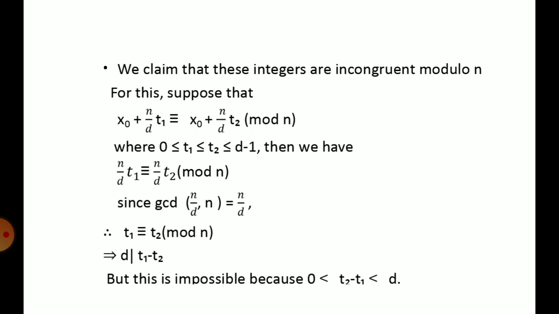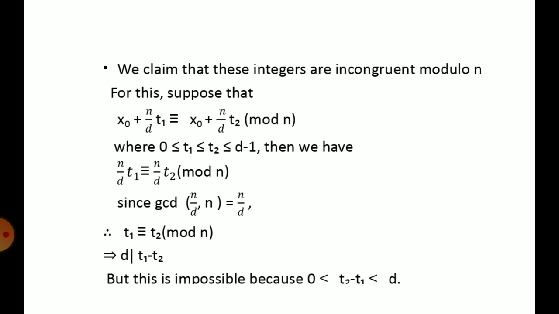Again, the greatest common divisor of n/d with n is equal to n/d, and therefore by the property of congruence, the congruence can be written as t1 is congruent to t2 mod d. Then by the definition of divisibility, we get d divides t1 minus t2.